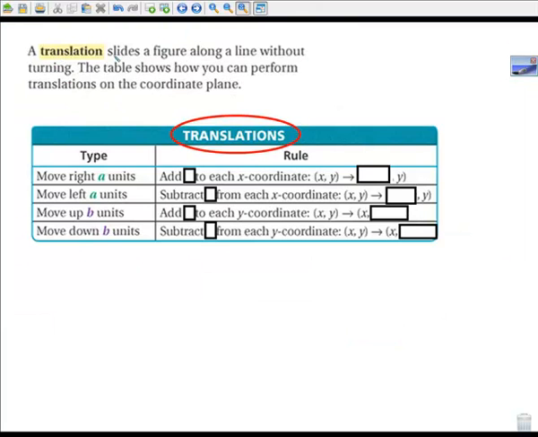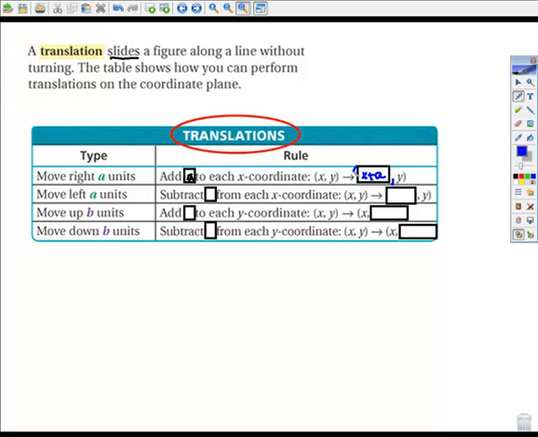A translation slides a figure along a line without turning. The table below shows how you can perform translations on the coordinate plane. If we're going to move right a units, you're going to add a to each x coordinate. So we get x plus a, comma y.